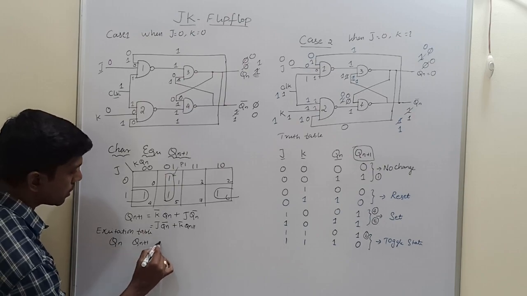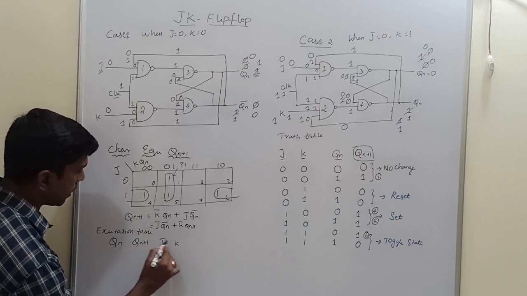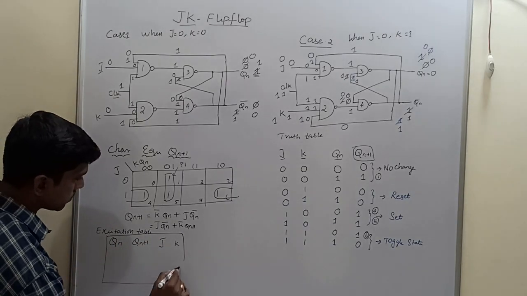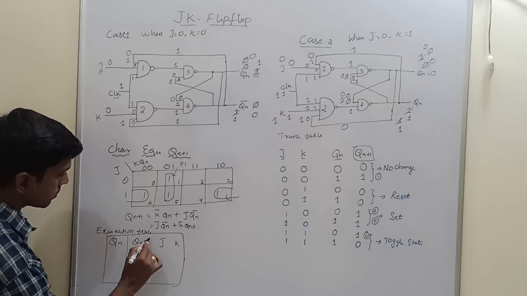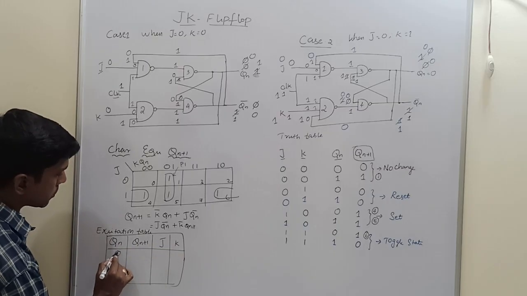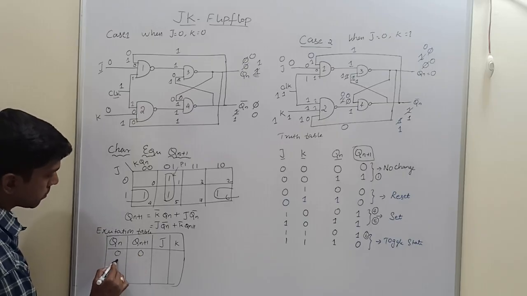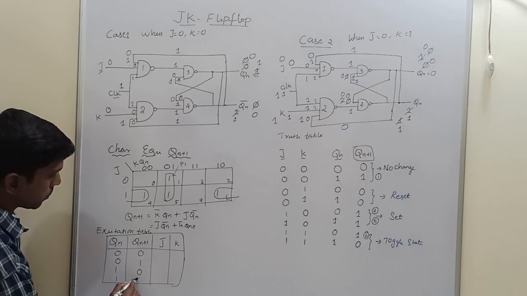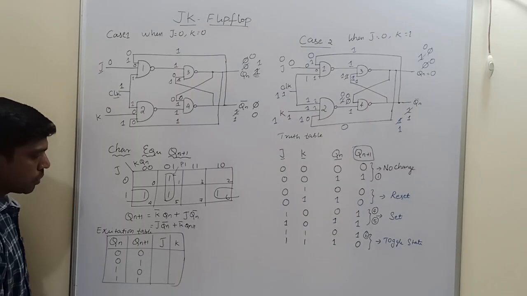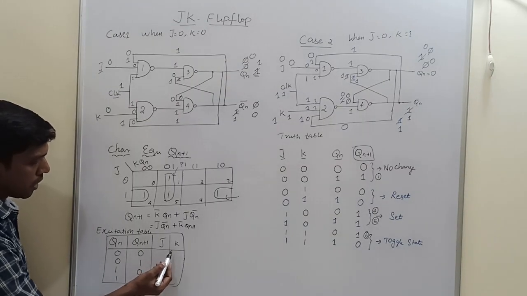Then inputs J and K. So I make one table. So Qn value is 0, Qn plus 1 is 0. Then 0, 1, 1, 0, 1, 1. So these two variables make 4 combinations of input. Now I find the values for J and K.